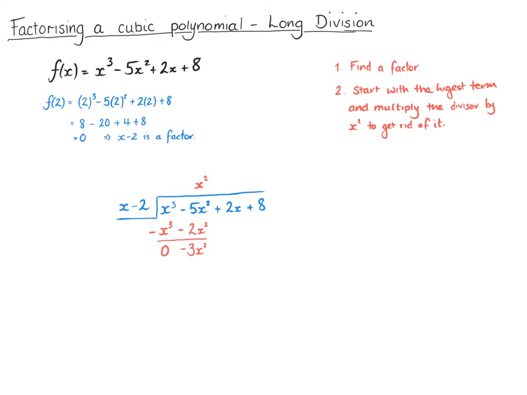Okay, and then we have to bring down, same as with normal long division, the next bit. So this time we've got minus 3x squared plus 2x.